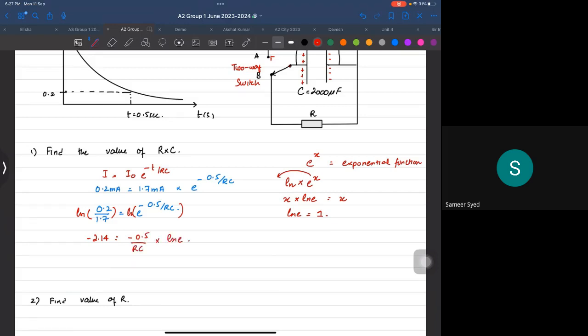Now ln e, like I said, is just equal to 1. So it means RC will be equal to 0.5 divided by 2.14. This will give me a value of 0.234 seconds. So RC has the units of second. I will explain in a bit how.